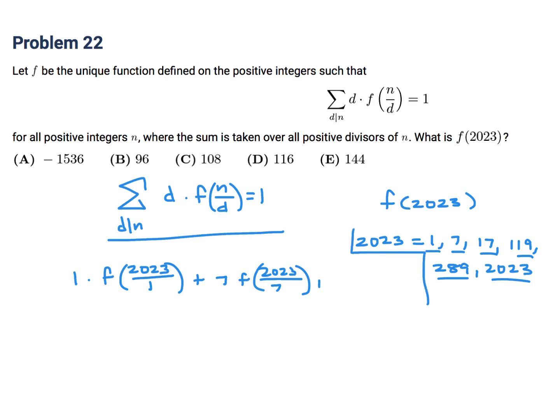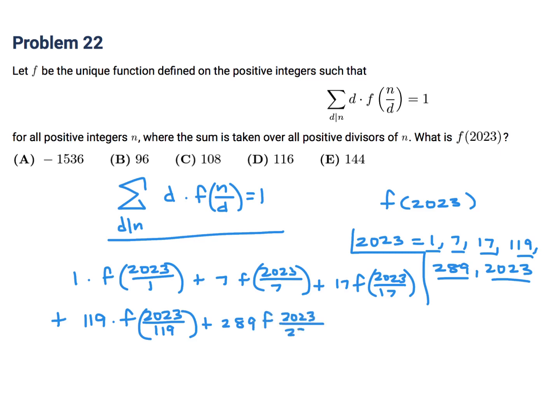And then the next one would be 17 times f at 2023 over 17. And continuing just like that would be 119 times f at 2023 over 119, plus 289 times f at 2023 over 289, and finally 2023 times f at 2023 over 2023. So that is the way you do it. And of course, all of that equals 1, so don't forget that.